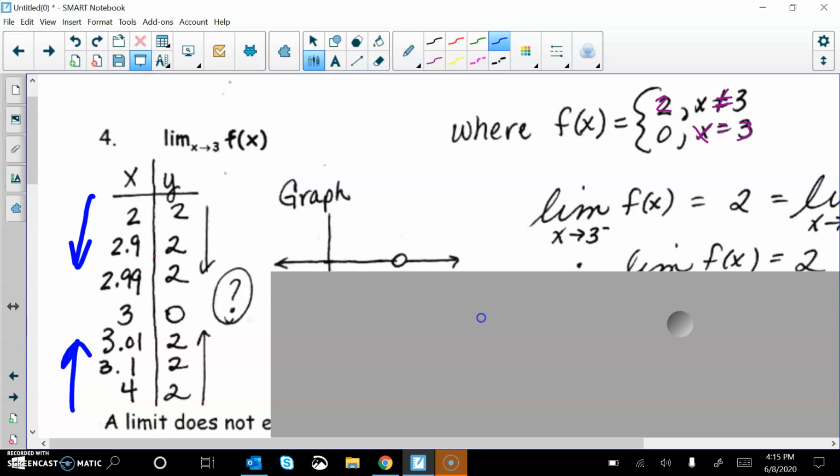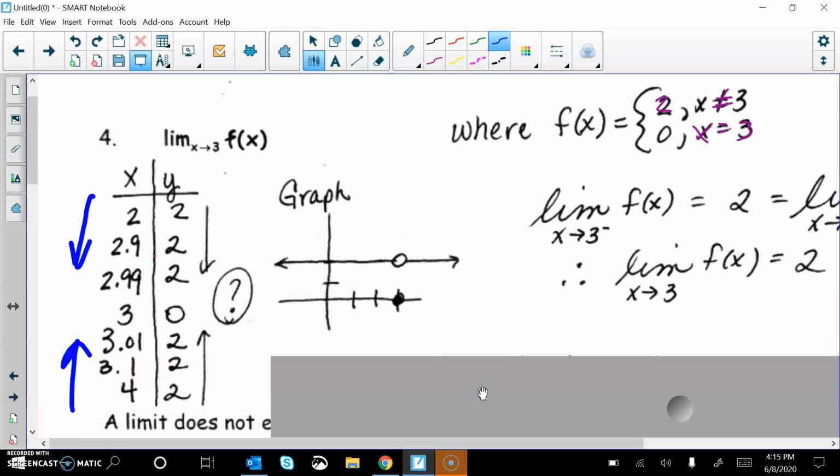Let's see what that looks like graphically. As x gets closer and closer to 3, the y coordinate is 2 no matter what. Now when x is 3, the y coordinate is 0, so that's the graph. So it's open there.